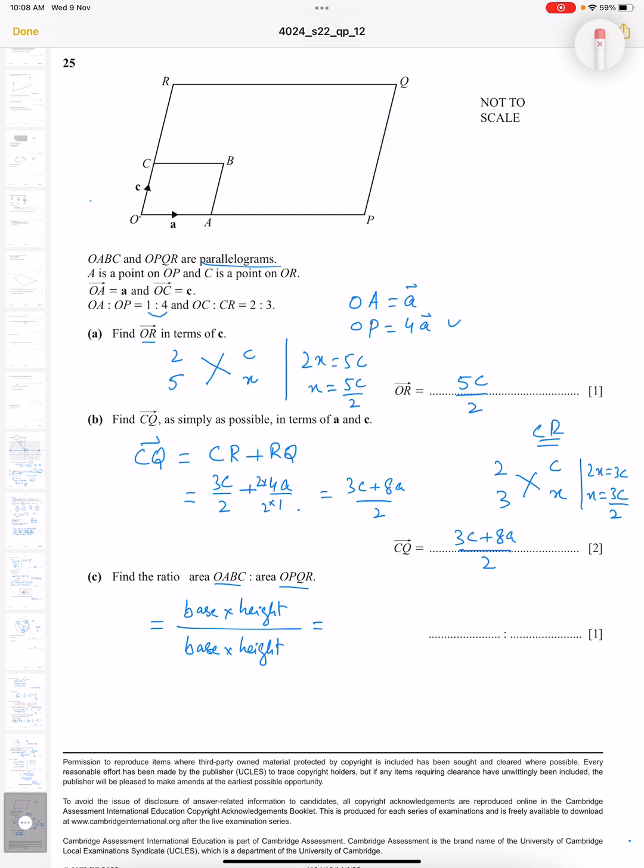Since OABC should be the numerator, its base is this, let's take A as base, and its height will be this one, the vertical height, right? Let's make it H. Over the larger parallelogram, its base, make it OP, which is 4A. What about its height? Its height will be this one.